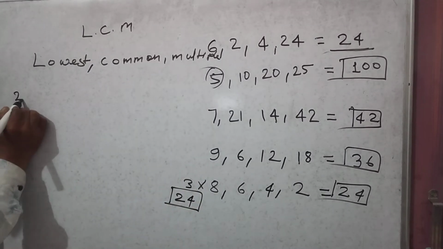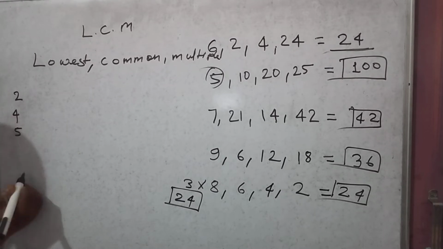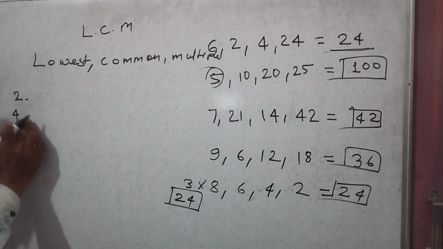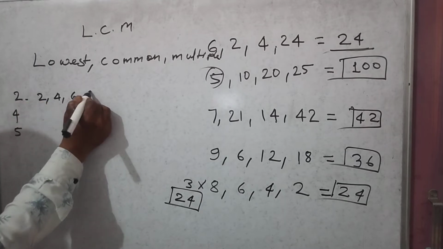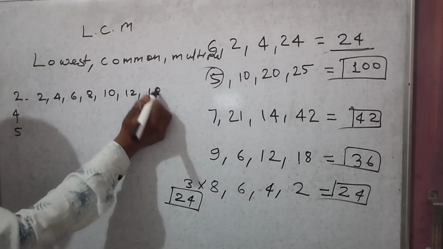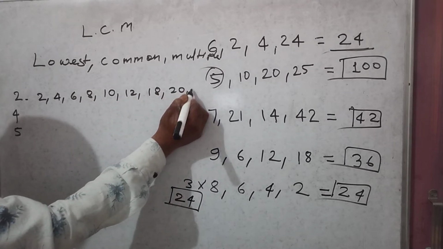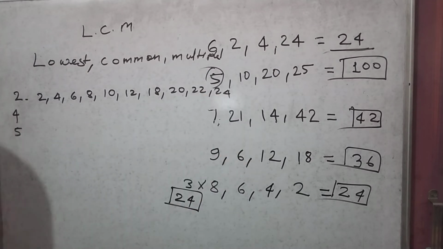See here, 2, 4 and 5. Multiples of 2 are 2, 4, 6, 8, 10, 12, 14, 16, 18, 20, 22, 24, and so on.